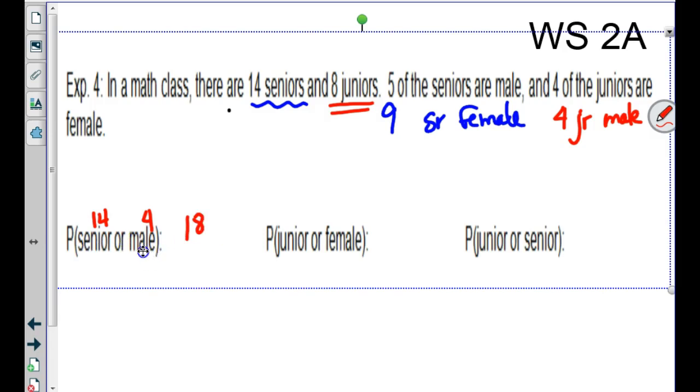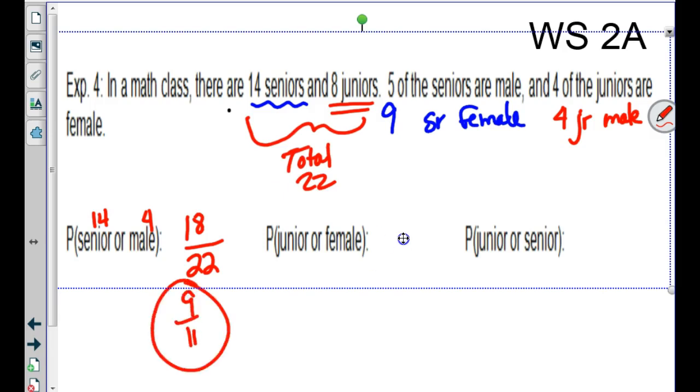We could have done all the males and then added additional senior females, but somehow we need to figure out the total number who are winners according to this. And then there were 22 total in the class, right? So that would reduce to 9/11 if you were writing it as a fraction.